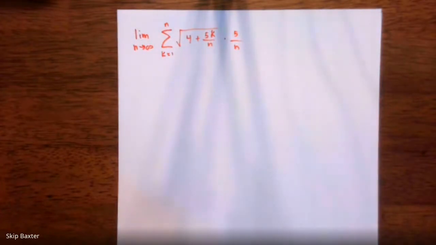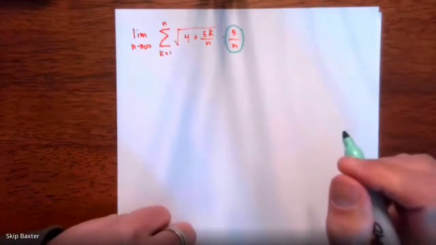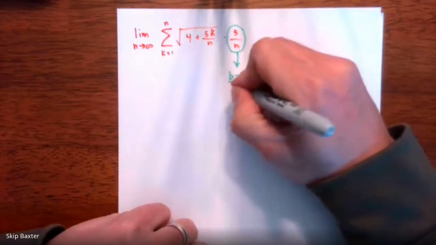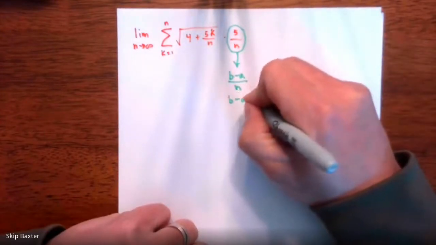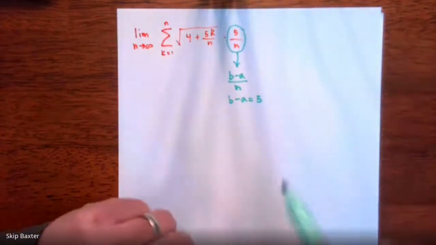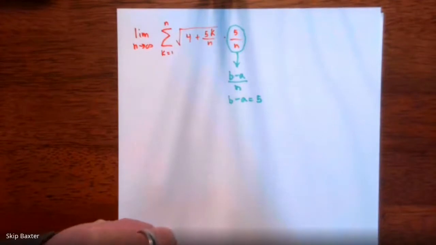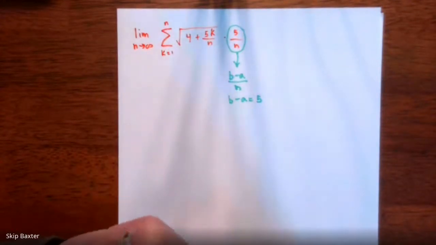Well, the first thing I would do is look at this last part and say, this is actually the width of the rectangle. This is b minus a over n. So we know that b minus a has to equal 5. That's the width of the interval. It's 5 units wide, the width of the whole interval that you're integrating over.